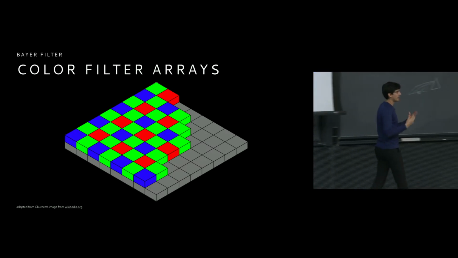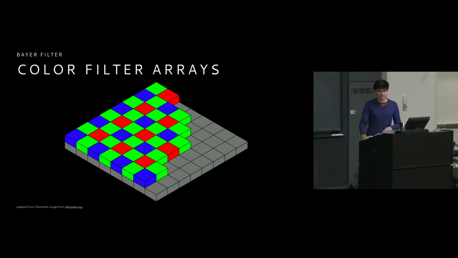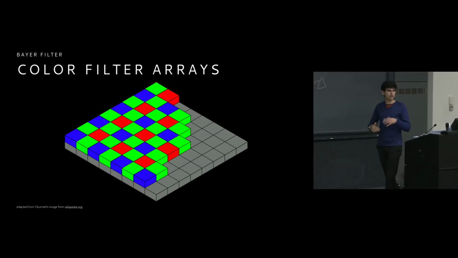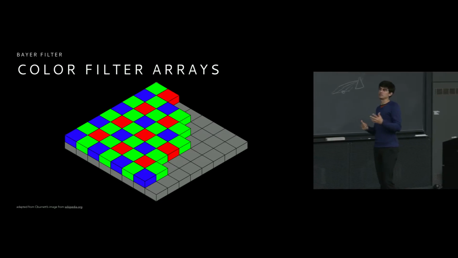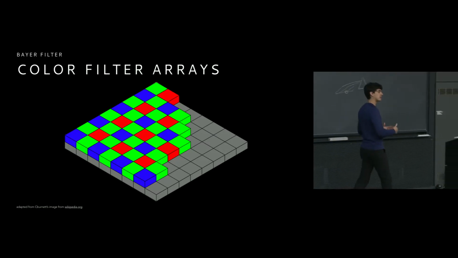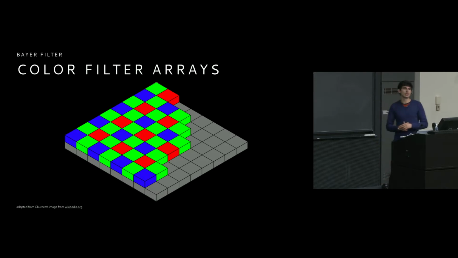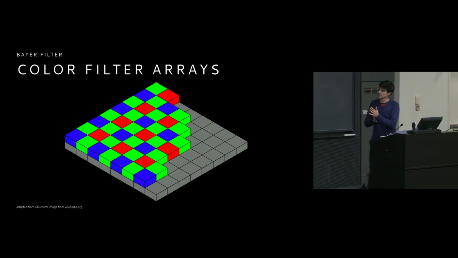And there's a wide variety of them, in fact, and some companies attempt to use alternate color filter arrays as marketing tools to say, oh, the improvement in the color reproduction of this camera is noticeable because we're not just using red, green, green, blue like all of our competitors.